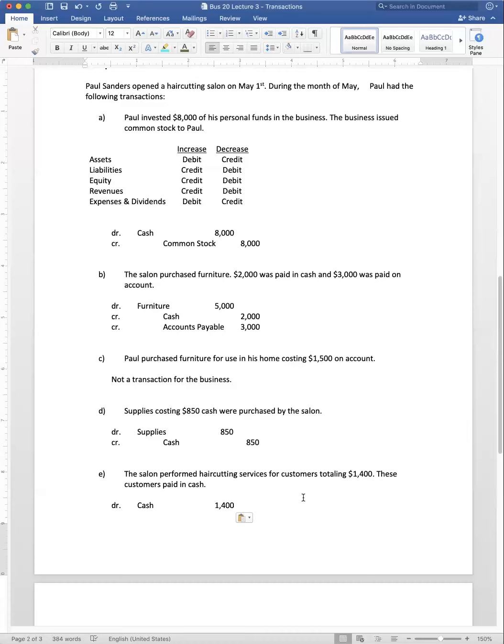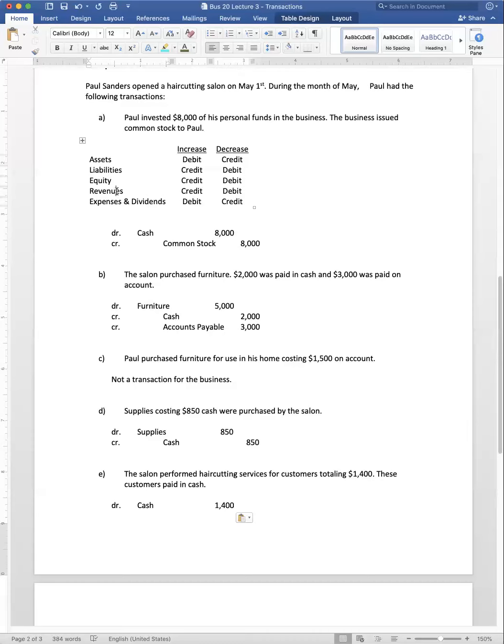So doing anything for a customer is earning revenue. So if we're performing services for a customer, if we're doing work for a customer, if we're giving goods to a customer, all of that stuff is revenue because we are doing something for the customer that will now require them to pay us. So we're going to have service revenue.